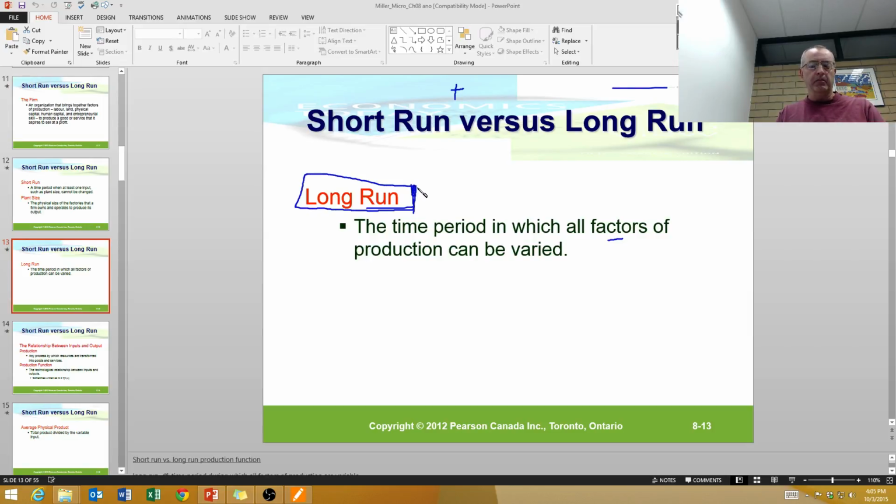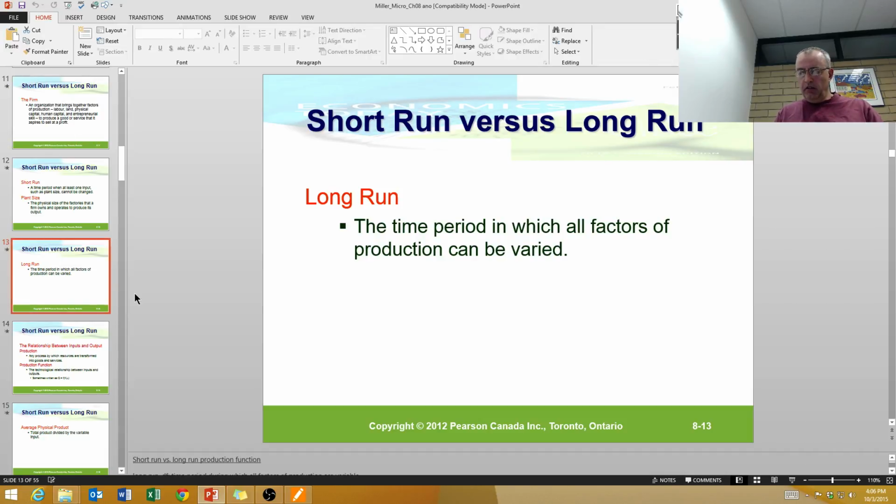It takes a long time to get these oil sands projects off the ground. There's a lot of environmental regulations that have to be gone through, and they're such mammoth operations that it can take over a decade to get into operation. So the long run could extend anywhere from several months to over a decade, just depending on the industry.